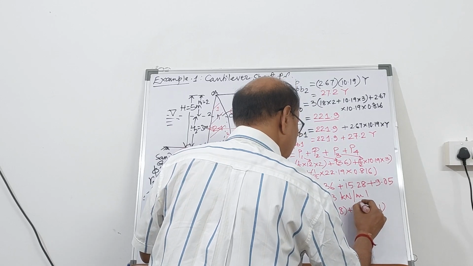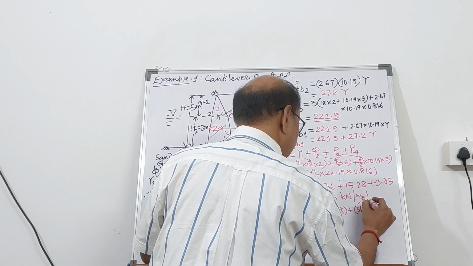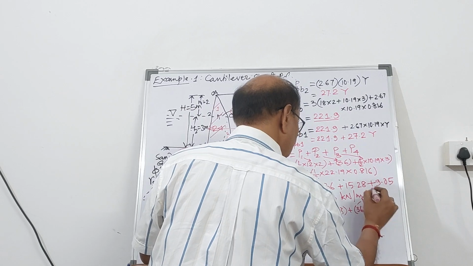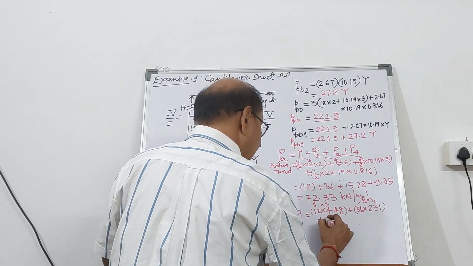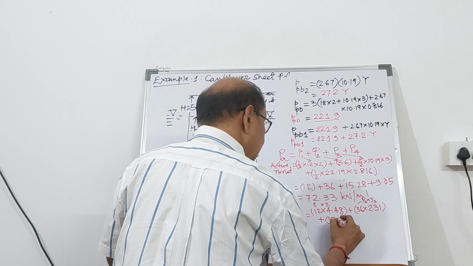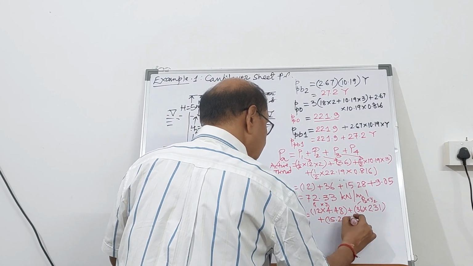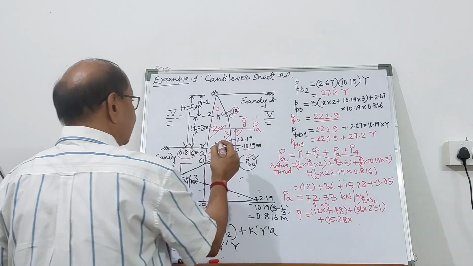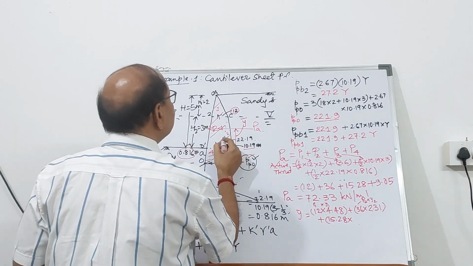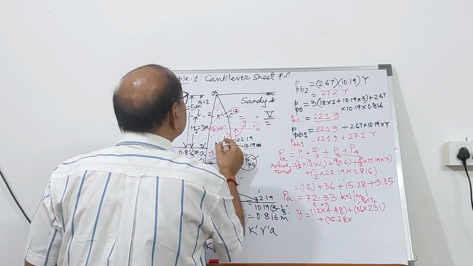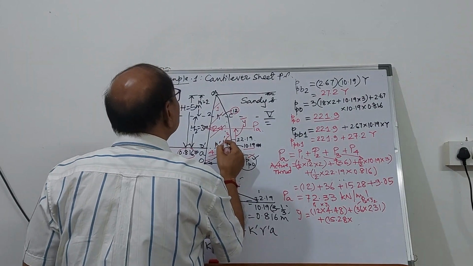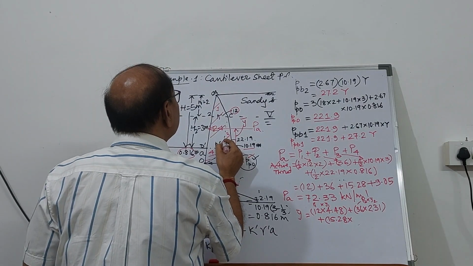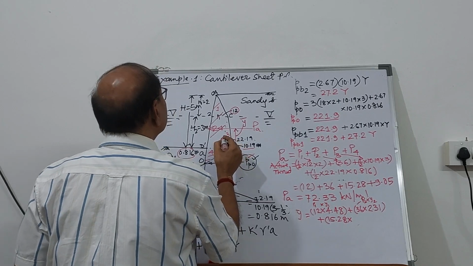So this becomes P2 Y2 plus. Now P3 into Y3. So this will be at 1/3 of H2, that is at 1 meter.